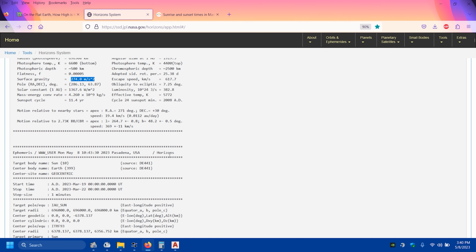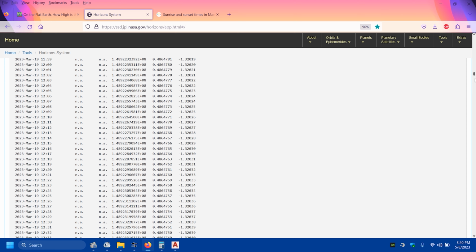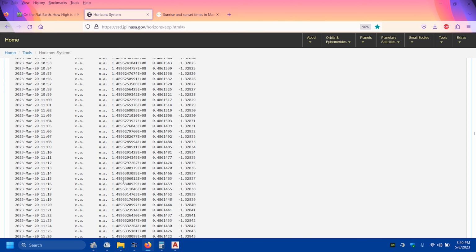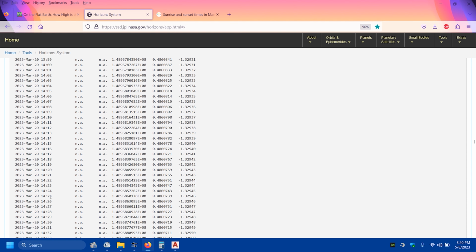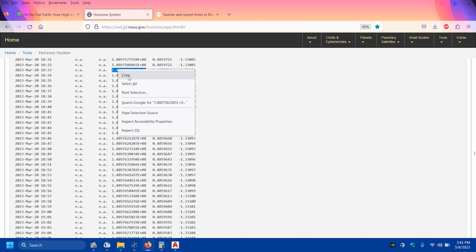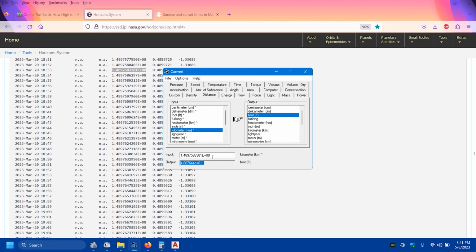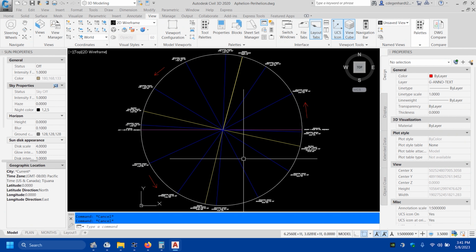Pretty cool. So we're looking for March 20th at 1833. I want to copy that, convert it from kilometers to feet, and then copy this and dive into here.